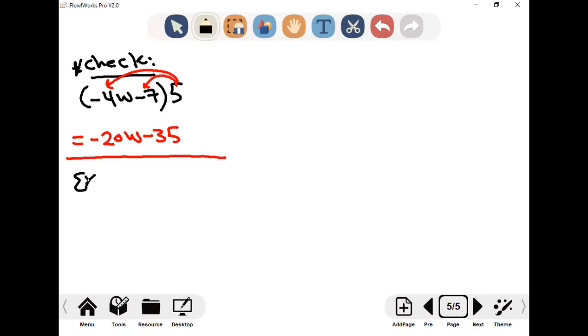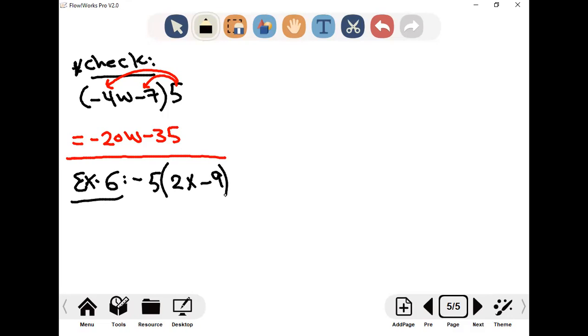Example 6. We use the distributive property to expand negative 5 multiplied by 2x minus 9.